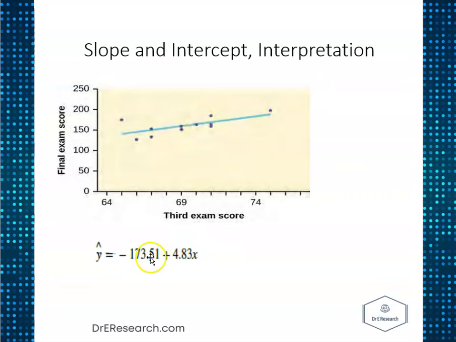So why is that showing that as an intercept? Well, the situation is this. I want you to notice the data. The smallest x value in the actual data is really about 65, and the highest is about 75. So my particular data set only included people who scored from 65 to 75 on the third exam.